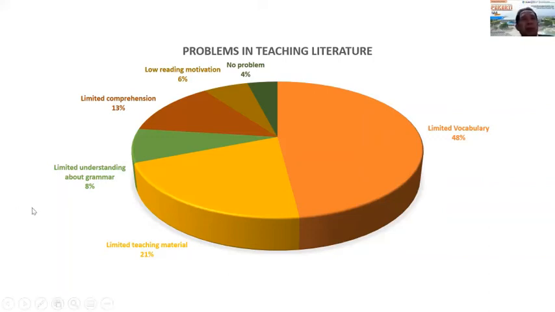As the data I'm presenting here, about 48% of teachers state that the difficulty in teaching literature is because students have limited vocabulary, and then limited teaching material that is available, and then limited understanding of grammar. So limited vocabulary, limited understanding of grammar, limited comprehension, and low reading motivation.